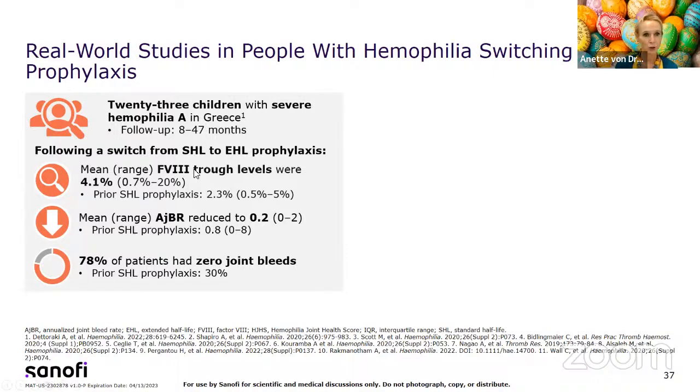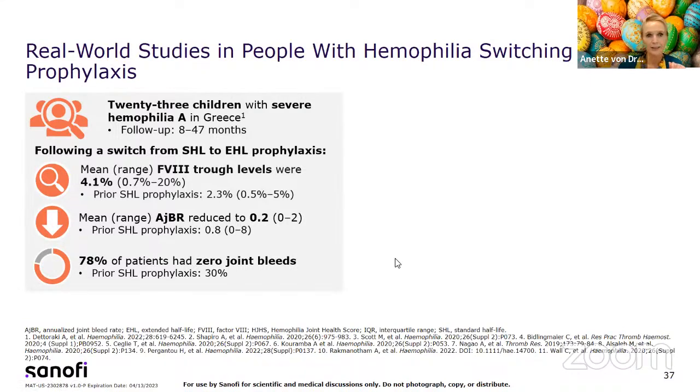And so they could raise the factor 8 trough levels to 4.1% on median with the new preparation. Compare that to short half-life prophylaxis, 2.3%. And with that, the mean annual joint bleed rate was reduced almost to zero, whereas it was much higher previously with short half-life prophylaxis.